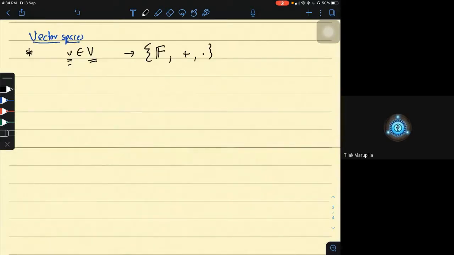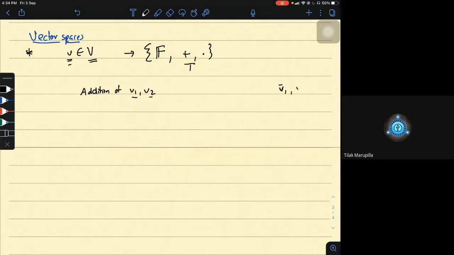So the main properties from these operators are addition of two vectors. I call them v1 and v2 as two vectors. Usual notation for vectors, we just write them in bold. Since I'm not able to write a bold letter here, I'll just do this line on top.